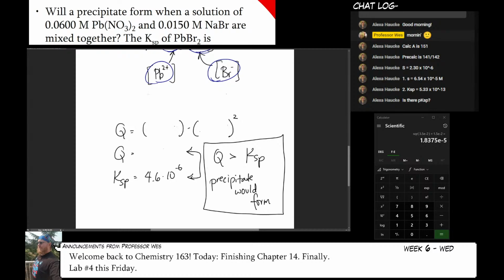So we've got 0.0600 moles per liter for lead and 0.0150 moles per liter for that. So if I do this, we get 0.0150 squared times 0.0600.